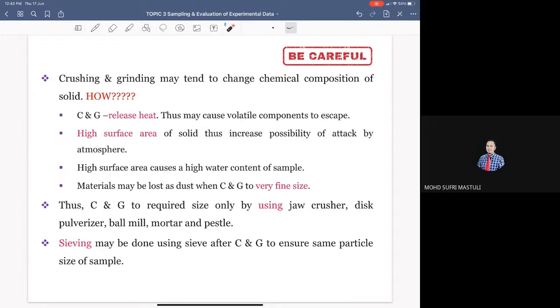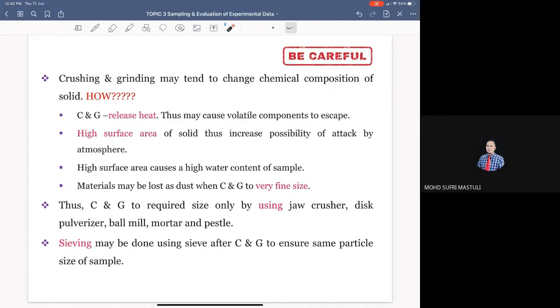However, we have to be very careful when we do crushing and grinding. The chemical composition of the solid tends to change, due to the release of heat. During crushing and grinding, heat is released, which causes the volatile components in the sample to escape.